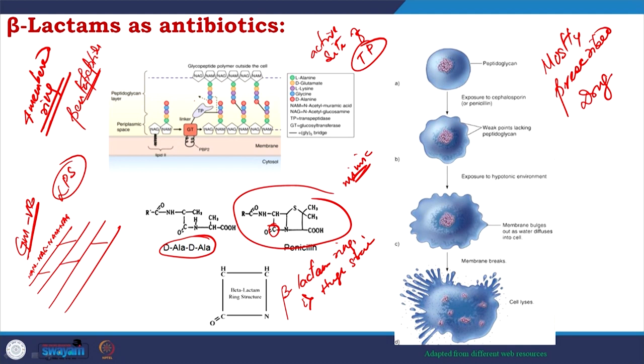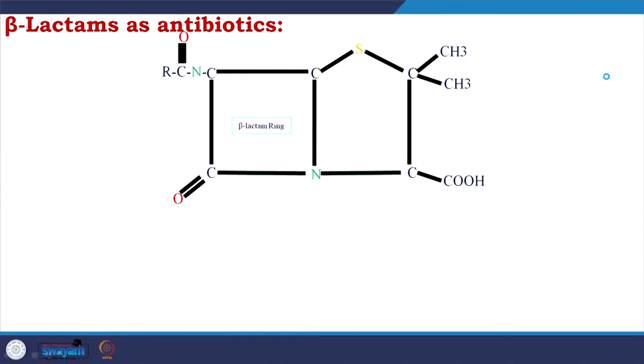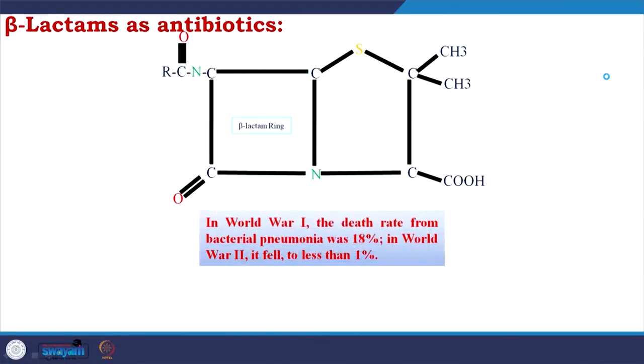So, now you think, what is the relation of these beta-lactams with Coot? I am coming. So, as I told, beta-lactams as antibiotic was wonderful. In World War I, the death rate from bacterial pneumonia was around 18%, when we did not have beta-lactams.